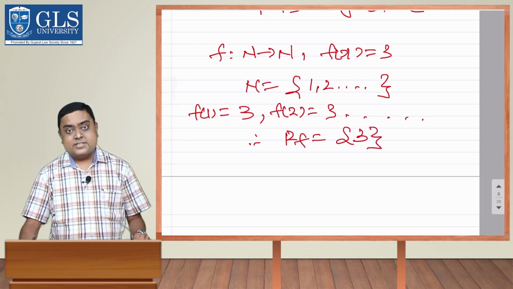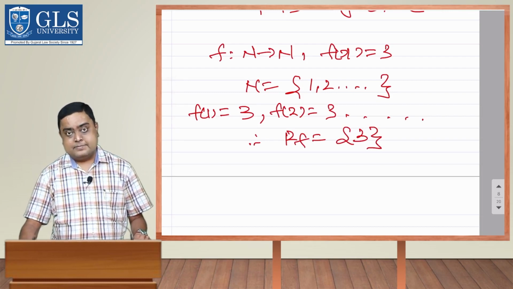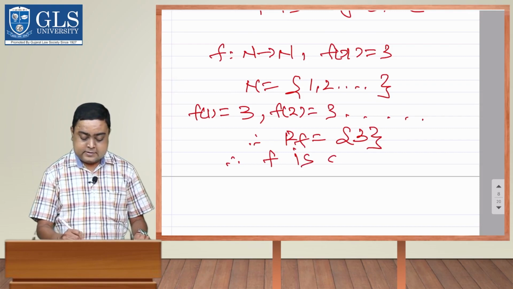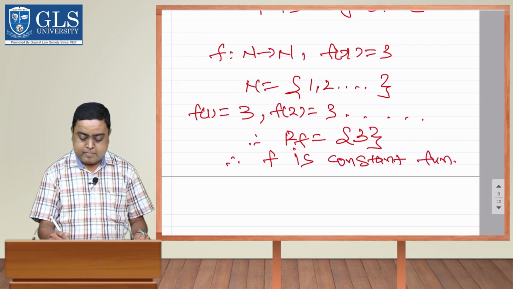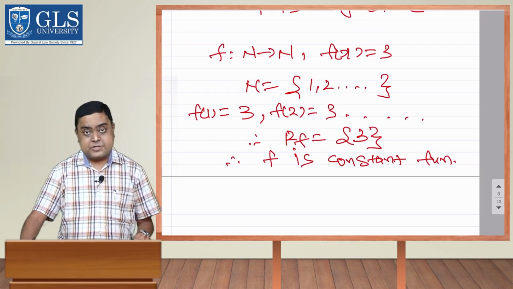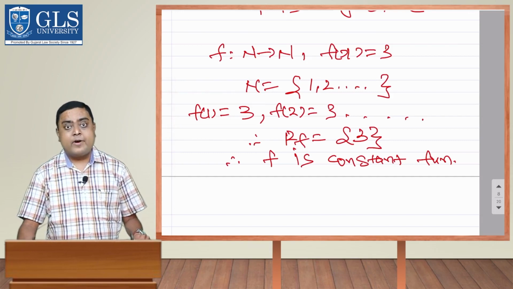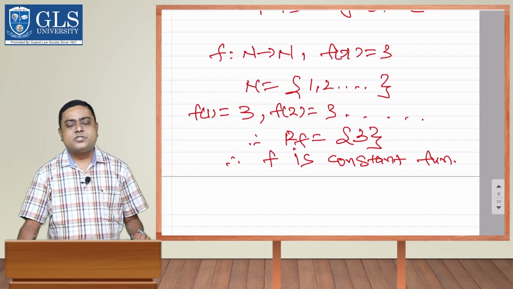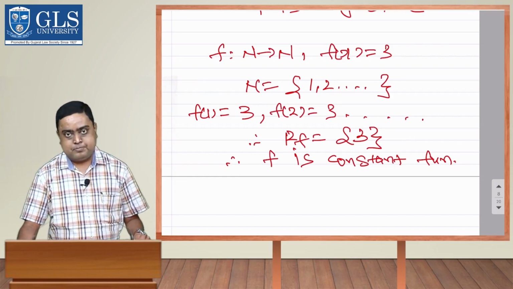As this range is a singleton set, therefore I can say that f is the constant function. So if we want to check whether a function is a constant function or not, we find its range, and if its range is a singleton set, then I say that the function is a constant function.